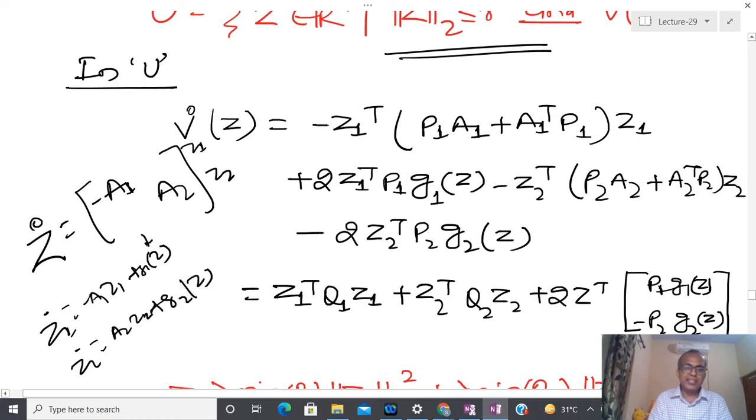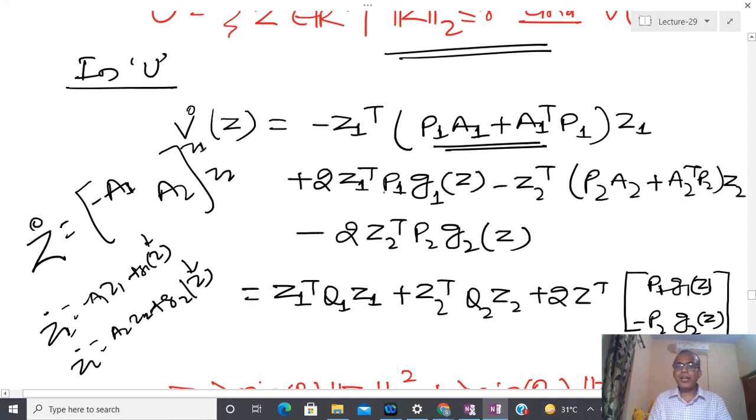So here z is a function of z1 and z2, and due to that reason, if you substitute by taking the derivative, I have this kind of relation. I know that PA plus A transpose P is nothing but minus Q, so minus minus becomes plus, and similar kind of things are here, and after that 2 z transpose P1 g1 and P2 g2.